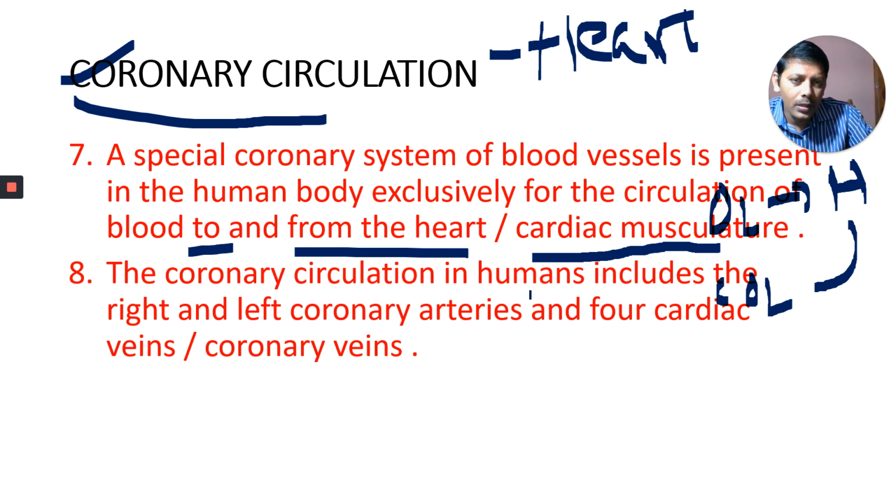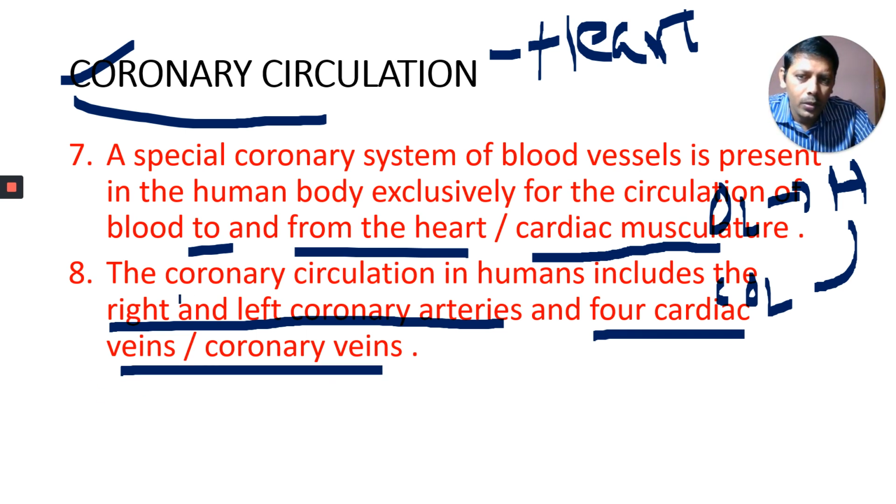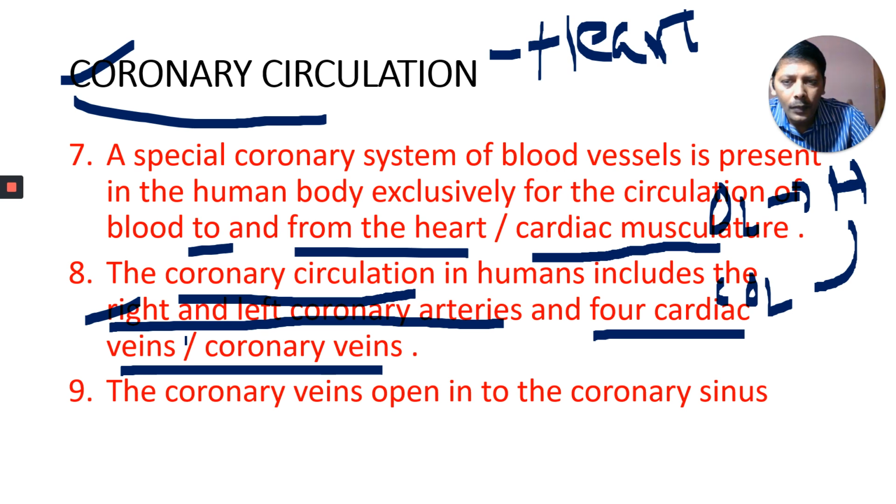The coronary circulation in humans includes the right and left coronary arteries and four cardiac veins. Coronary veins I will show you. First let me show you the right and left coronary arteries.